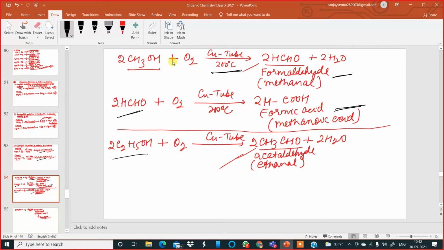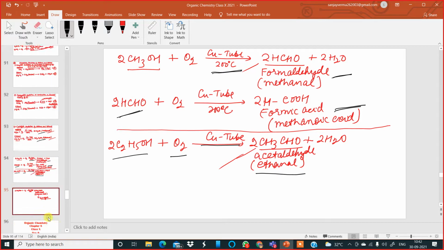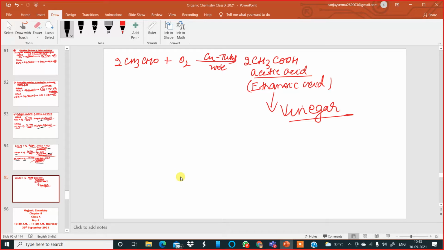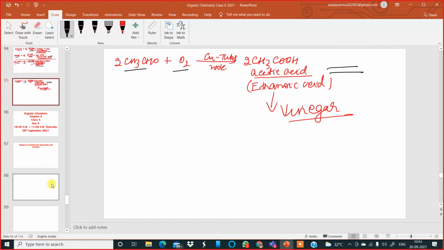Ethanol also undergoes oxidation in the presence of a copper tube to form ethanal, acetaldehyde, which is further oxidized to ethanoic acid, called acetic acid. So till here I had done in the previous class, before the second term examination.